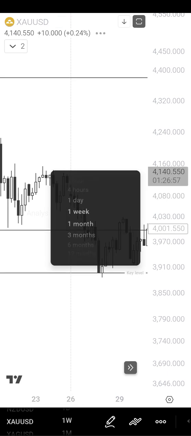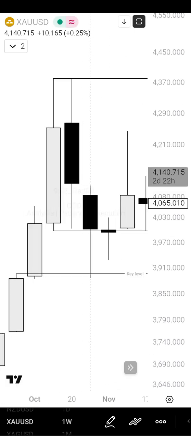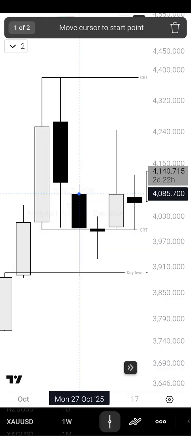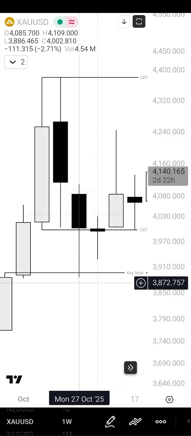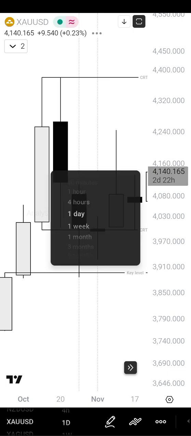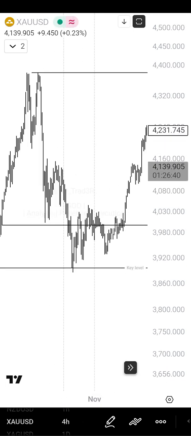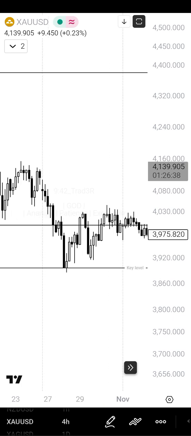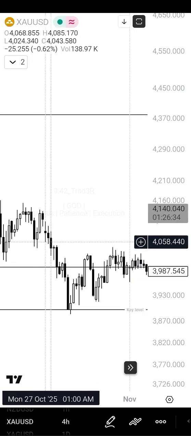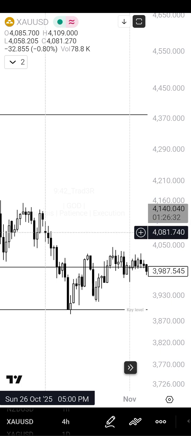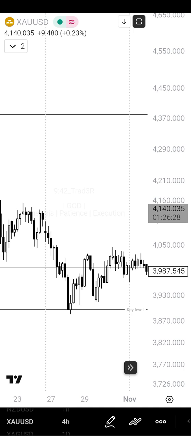Let's go back to the weekly time frame and mark the next candle as well to indicate the open and close of this particular week. If we go to the 4 hours again, now we have that manipulation week, and around here is the open, and around here is the close of that manipulation week.